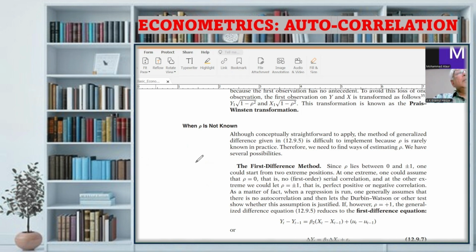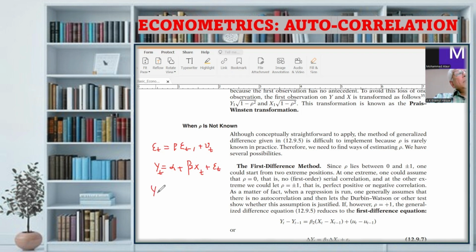So we have this. The idea is that if this is my model, let's go back again. My model is yt equals alpha plus beta xt plus epsilon t.